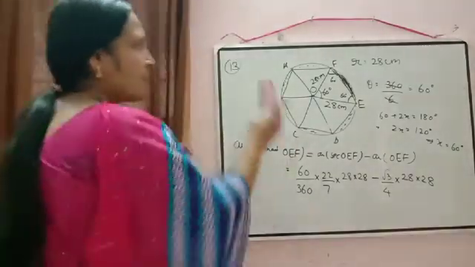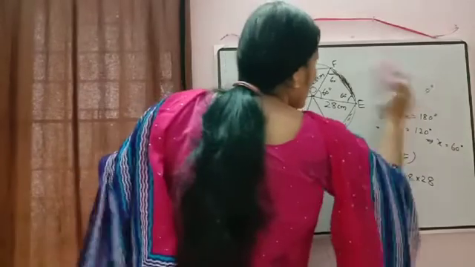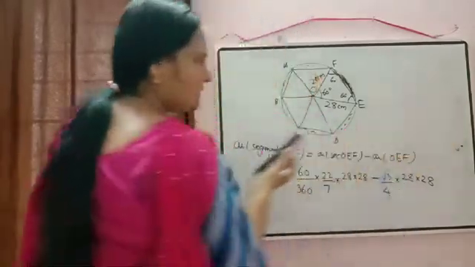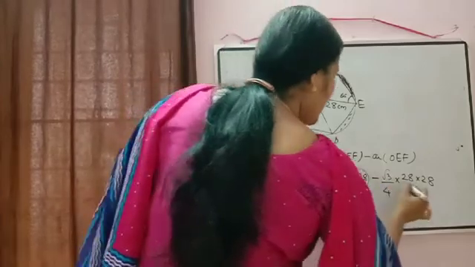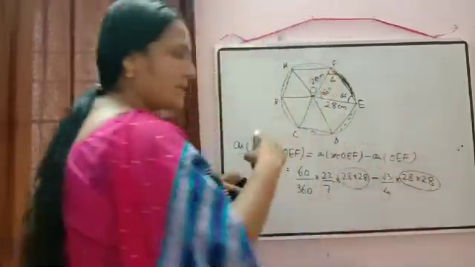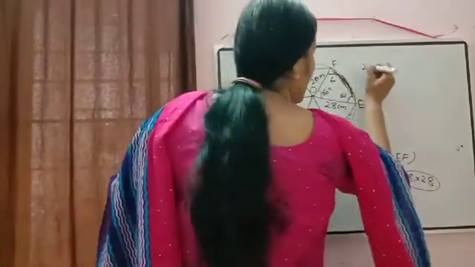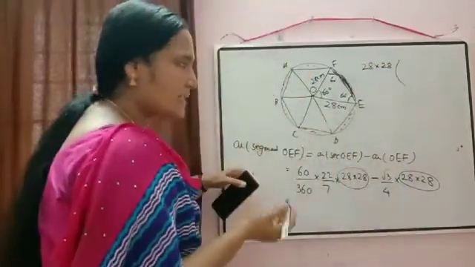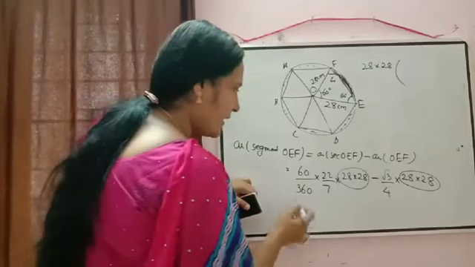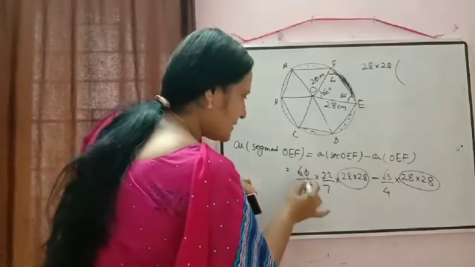Now how to calculate this one? Just to check any common factor is there in both the terms. Yes, 28 and 28 is common. So just to take it outside there. So 28 into 28 taken common. What is remaining there in the bracket? 60 by 360, that we can cancel.